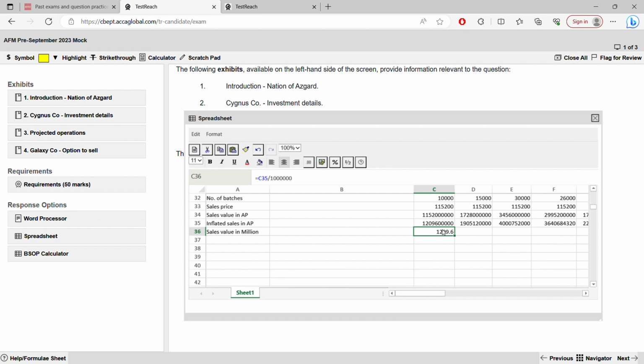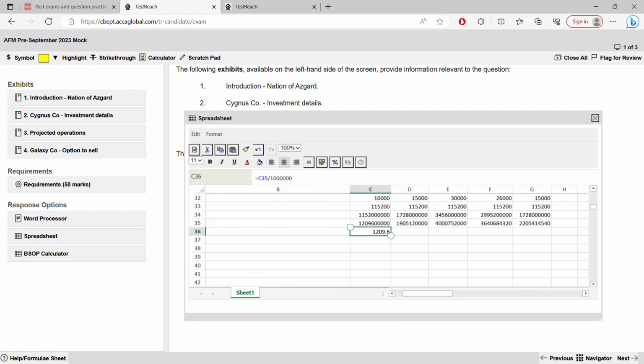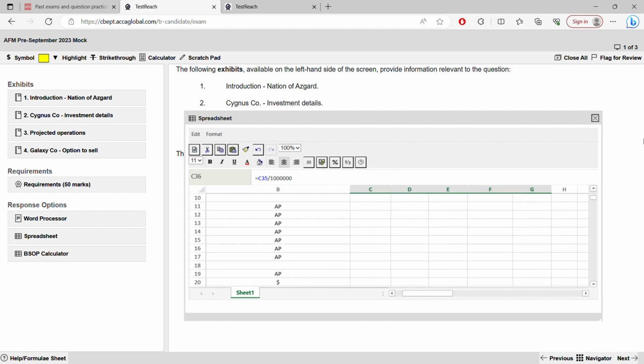So same, when you need to drag this to the other cell, automatically it would come down to millions. Okay, for a change in your answer they have taken it in millions, I'll take the whole amount and see.